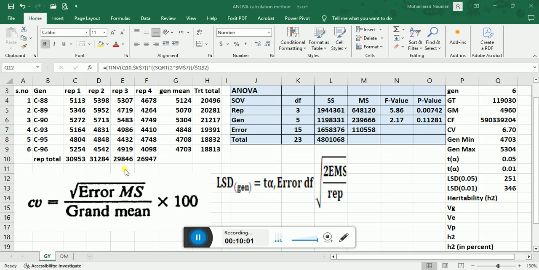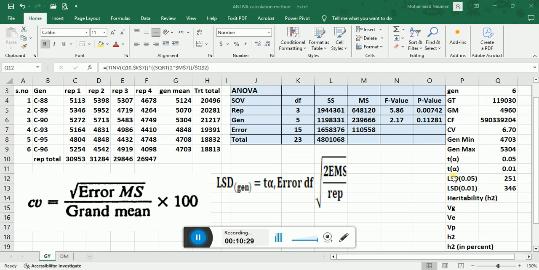Furthermore, in Excel, the function TINV gives the inverse of students' T distribution. It means T inverse. In other words, it returns the T value such that the total area in both tails of the distribution equals the chosen significance level, that is alpha. Here is the alpha written.